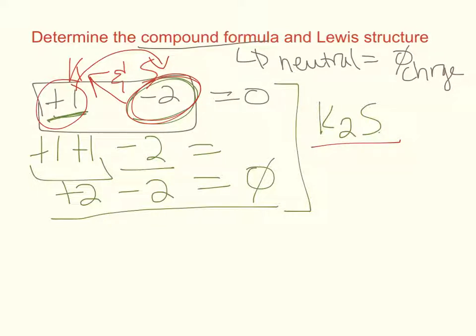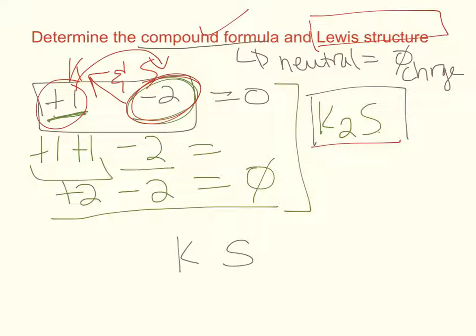Now we've determined the compound formula, and we need to move to the Lewis structure. When you're given a compound like K2S, where we have 2 potassium elements but only 1 sulfur element, we write the generic formula down first, and that generic formula is KSK.